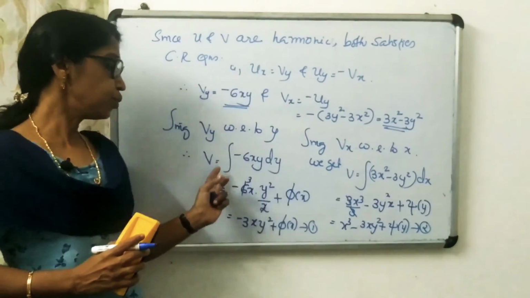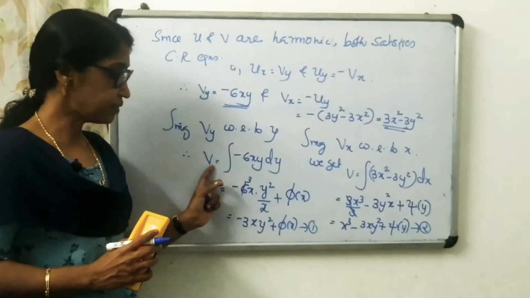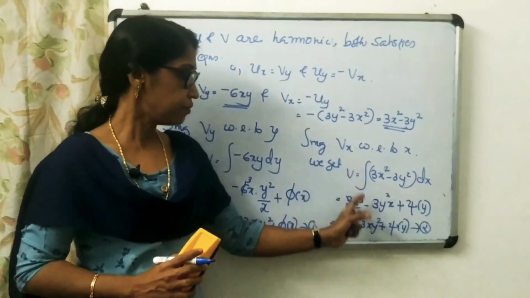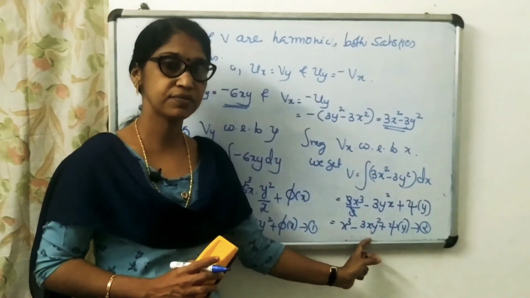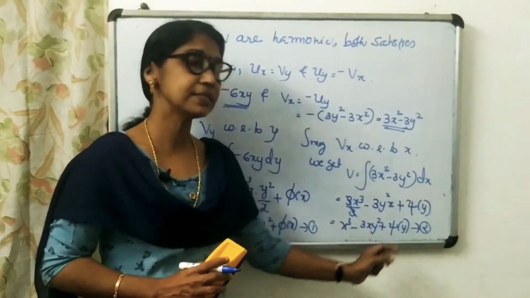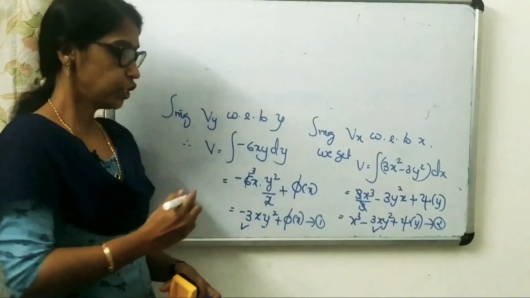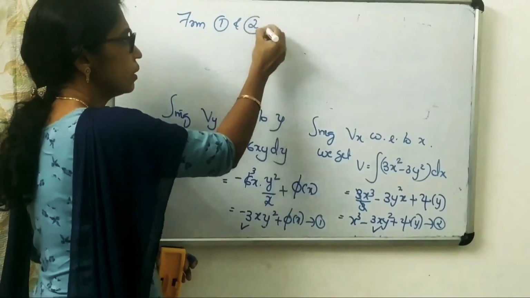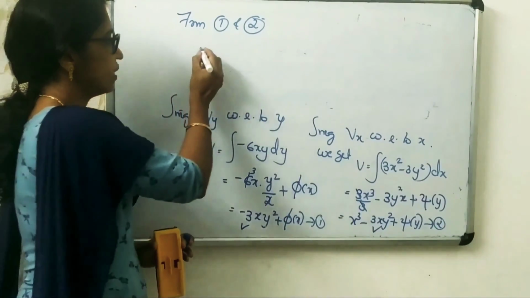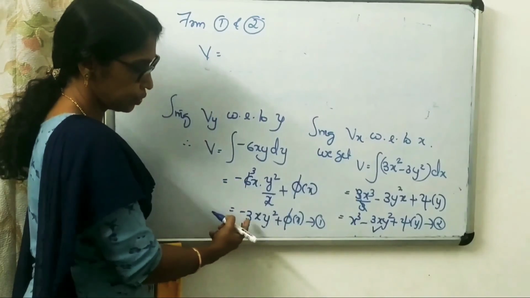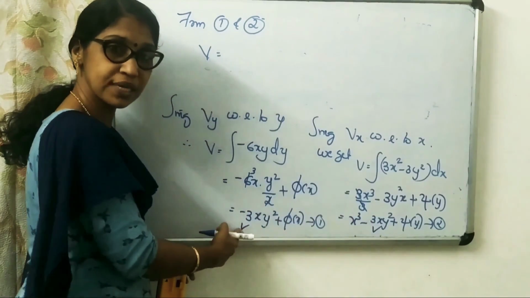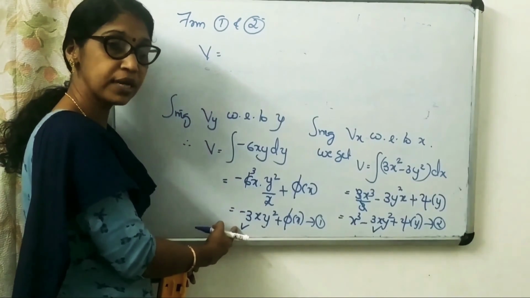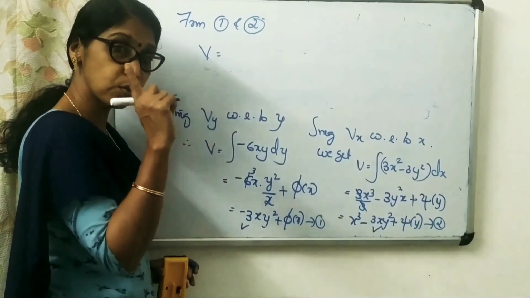So we get two expressions for v. The first is v = -3xy^2 + phi(x), and the second is v = x^3 - 3xy^2 + psi(y). Now from equations 1 and 2 I am going to write v. Both contain -3xy^2, so we write it only one time.